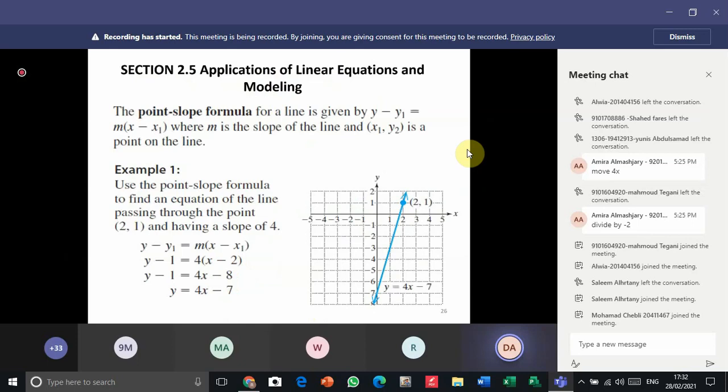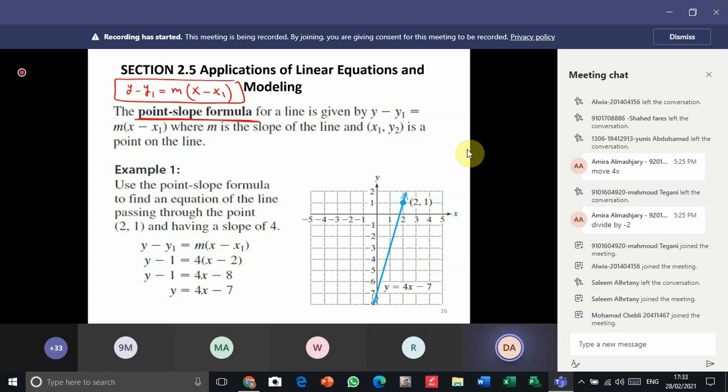Some applications of the linear equation and modeling. If we put the line in point slope formula, what is the meaning of point slope formula? Point slope formula means y minus y1 equals m times (x minus x1). If we have the point (x1, y1) and we have the slope, we can find the equation of the line.